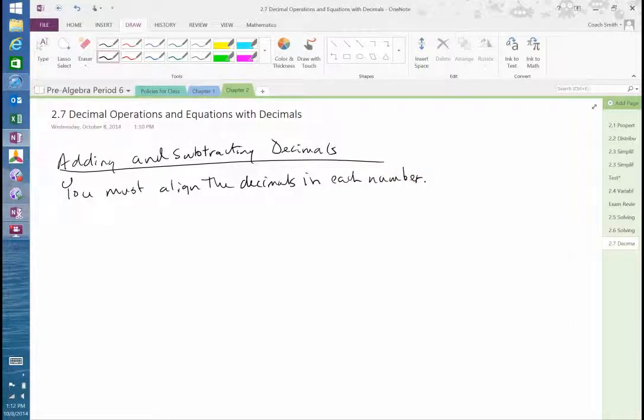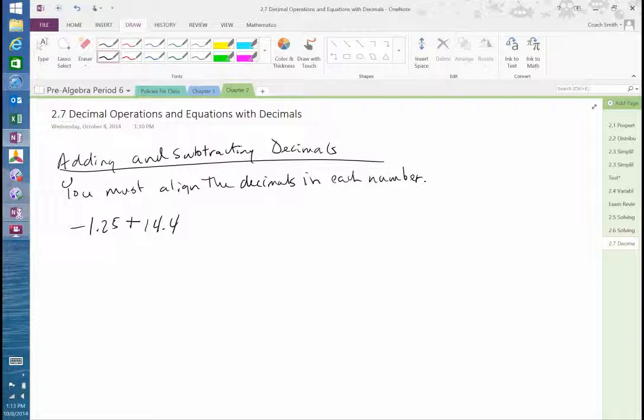Okay, so for example, if I have negative 1.25 plus 14.4, I have negative 1.25 plus 14.4.